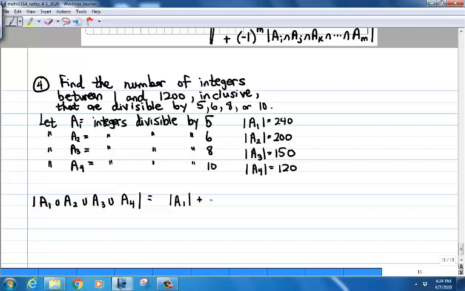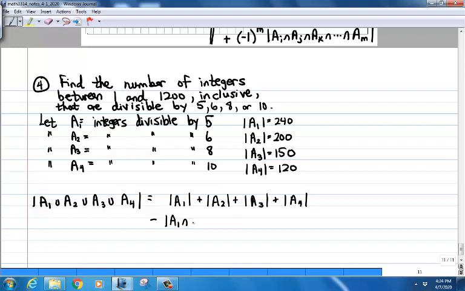Now just remember, the way that formula works is very easy to understand. First, you add up the cardinalities of the individual sets, which we've already calculated. Now we have to subtract out the cardinalities of the pairwise intersections of the sets.